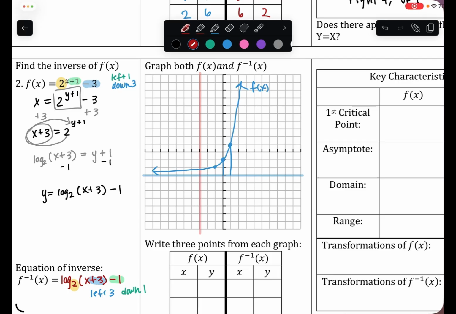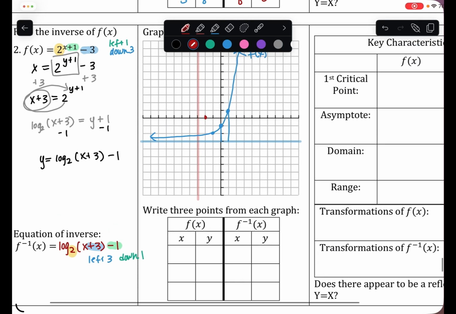And then my 1 away point is usually the x-intercept, but we have shifted it down 1. Okay, and then my next point would be 2 from the asymptote, and then my next point would be 4 from the asymptote. And so up to the right, and then down towards the asymptote.